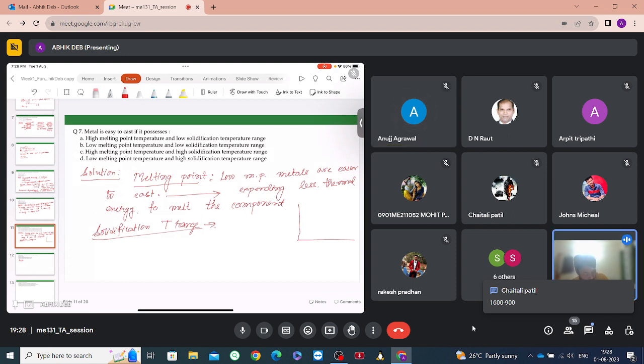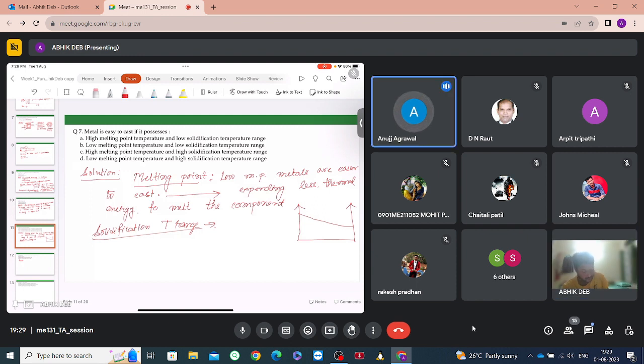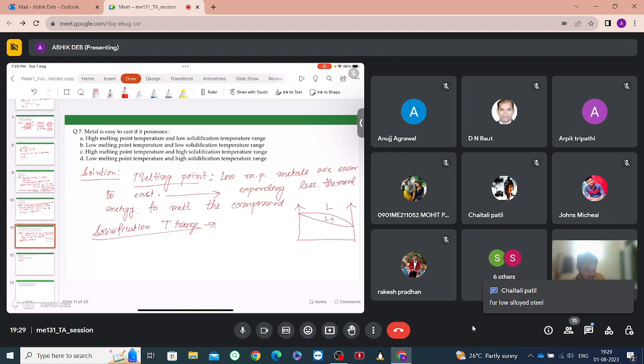So can you tell me what happens in that? Sir, it shows the transition from liquid to solid. So this is the liquid plus solid region, and this is the solid region, right? So this diagram, you know, right?